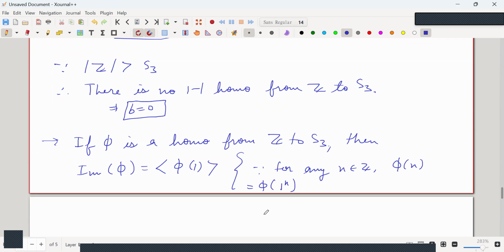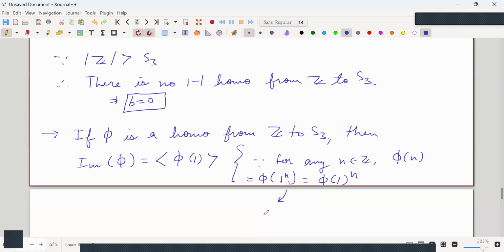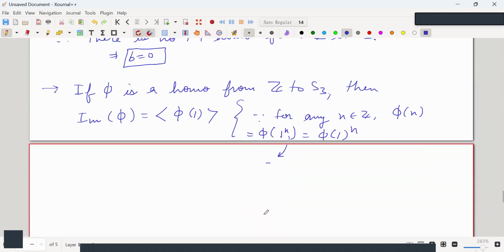The operation is addition, so I'm just writing it as 1 raised to n; don't take it as integer multiplication. This means we are adding 1 n many times. This is n dot 1, not 1 raised to n in the usual sense. So phi of 1 raised to n is inside the subgroup generated by phi of 1.